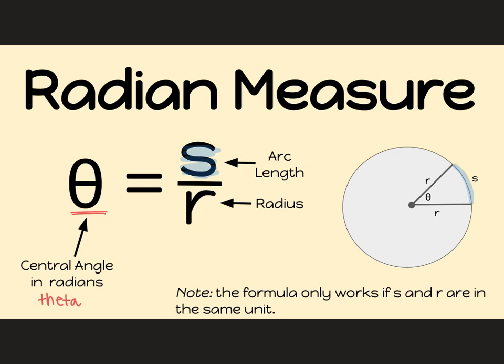And R stands for radius. Hopefully you know what a radius is at this point in your math career, but it's right here. Very important, this formula only works if S and R are in the same units. If they're not, you would have to make a conversion before you do anything.